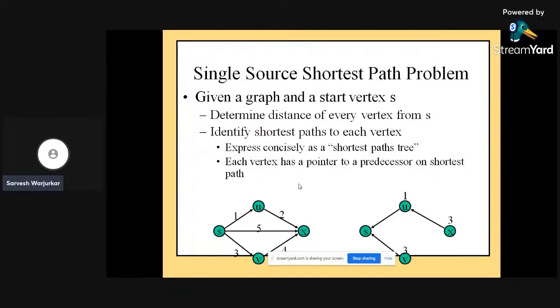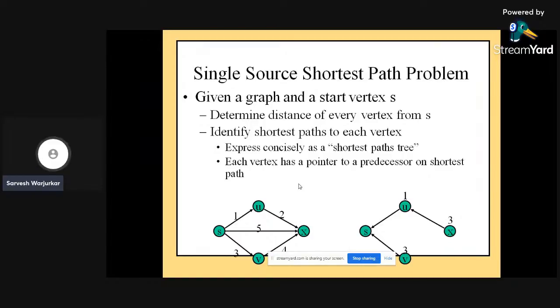Next is single source shortest path. What is single source shortest path? We can solve different problems using it, where the path is given to you along with the weights and the direction.